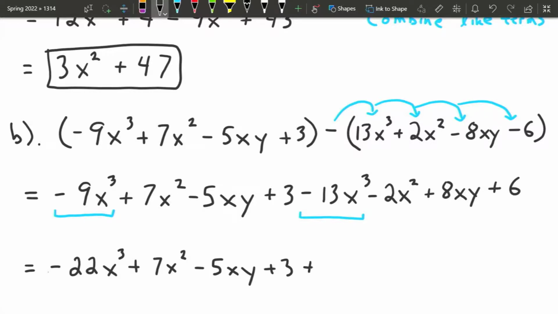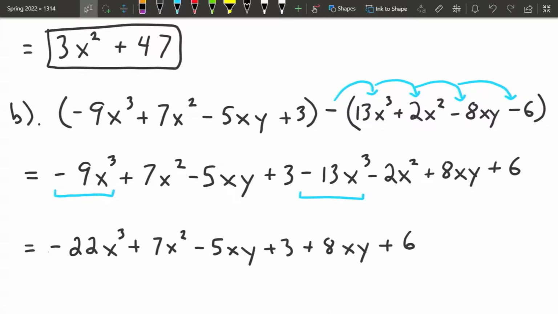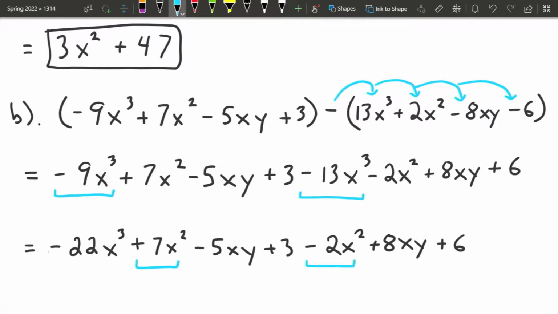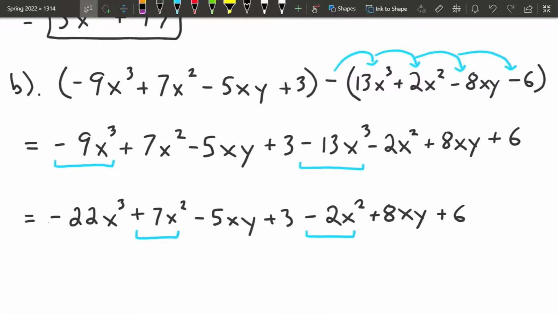Okay, so let's go ahead and put those together. And then we'll look at what's left and see if there are any other like terms. Notice how we have the 7x squared and the negative 2x squared. We can add those together. We can also put together the negative 5xy with the 8xy.